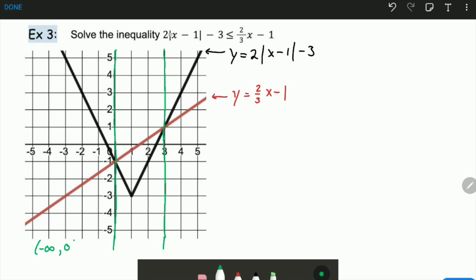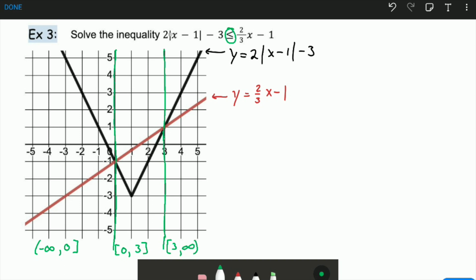This time I will be having square brackets because our inequality sign is less than or equal to. So the next region is from 0 to 3. Again, everything will be square brackets except the infinities because you can't include infinity. And from 3 to infinity, square brackets this time because of the less than or equal to. The equal to part is what gives us the square brackets.